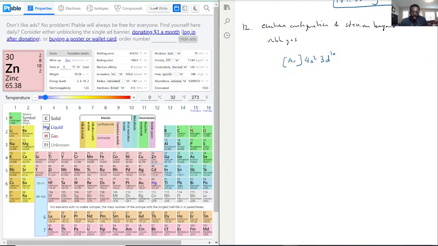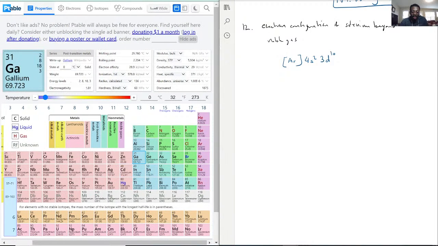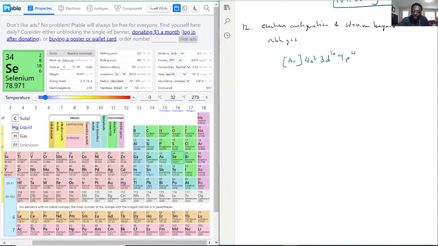Okay, and now selenium, we now enter the p subshell, which goes back to the same shell. That's 4 again, p, and then you have 1, 2, 3, 4.